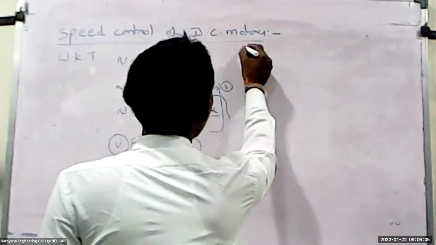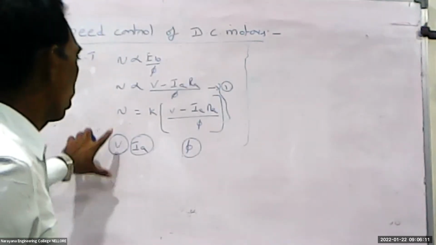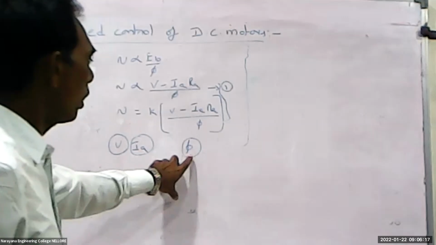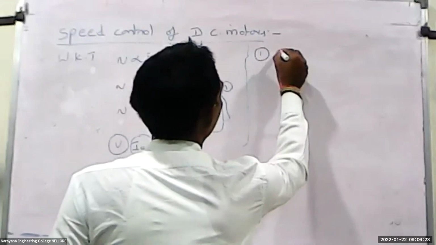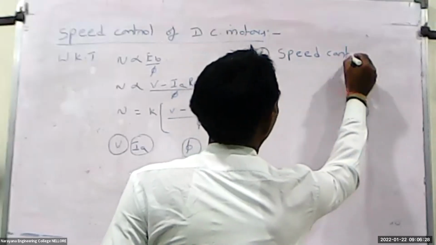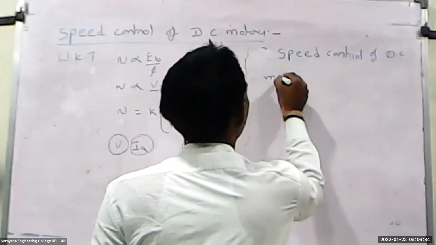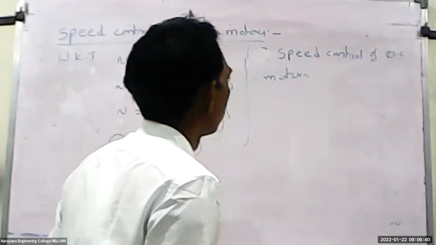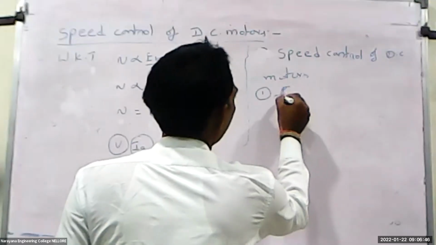Now, if you want to control the speed of any motor, we use either the armature control method or the flux control method. So speed control of DC motor depends on, first one, the flux control method.